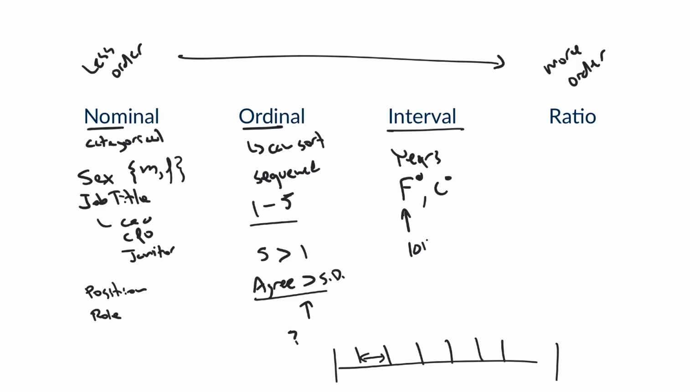So if I go from 101 degrees to 102 degrees, that's the same amount of increase in temperature as 201 degrees to 202 degrees in either centigrade or Fahrenheit, but the number 0 degrees in either one of those isn't necessarily a highly meaningful thing.